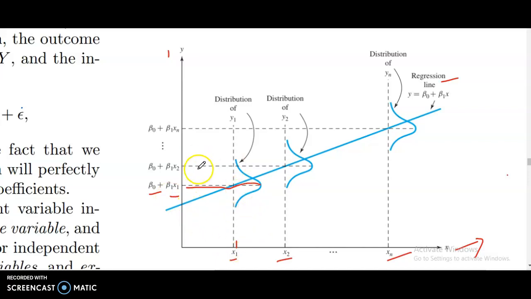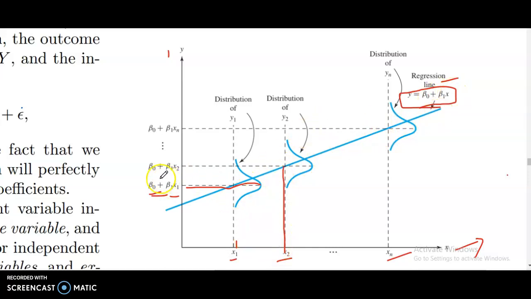Then again, this is y equal to beta naught plus beta 1 x1, the regression line.